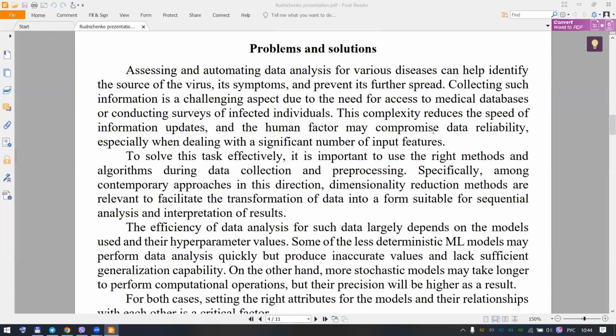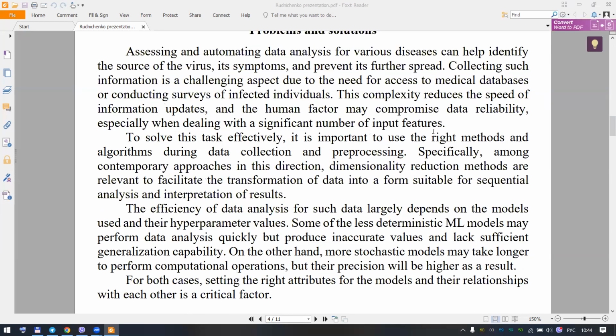Problems and solutions. We would like to pay attention to the fact that automating data analysis for various diseases can help identify the source of the virus, its symptoms, and prevent its further spread. Collecting such information is a challenging aspect due to the need for access to medical databases or conducting surveys of infected individuals.